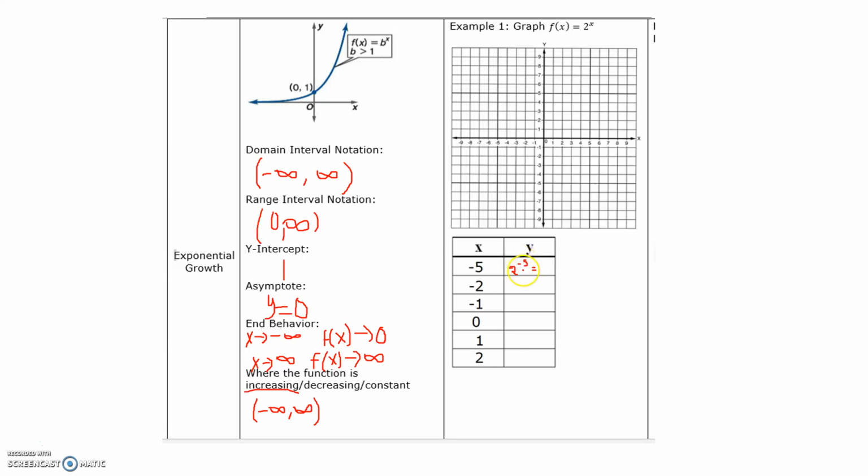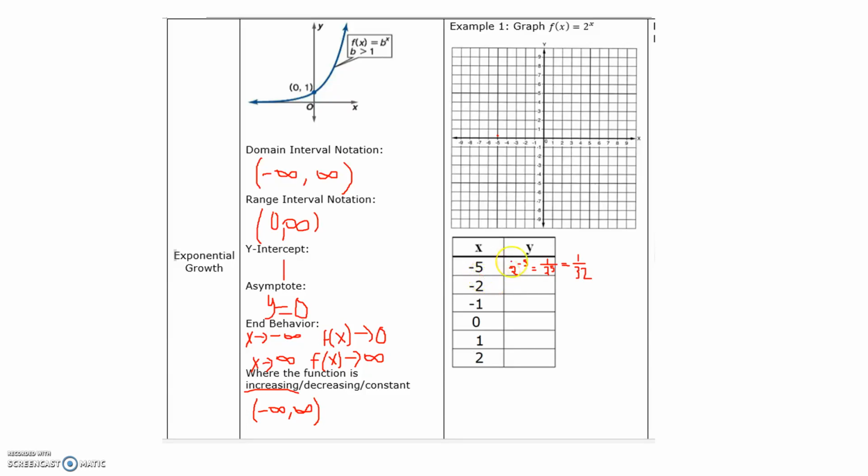Remember, exponents can never be negative, so in order to make it positive, you're just going to take the reciprocal of it. So we put 1 over 2 to the 5th power, which is 1 over 32. So at negative 5, that's about right there.